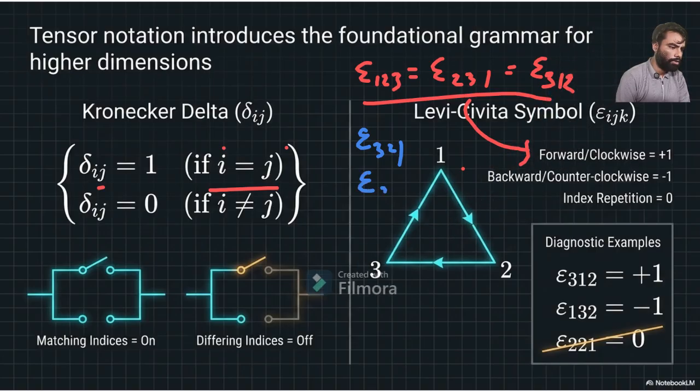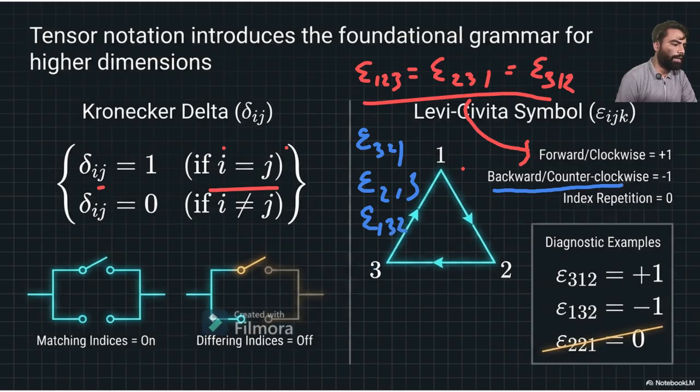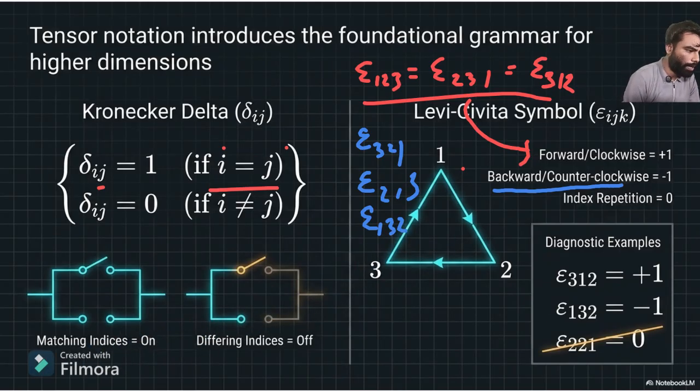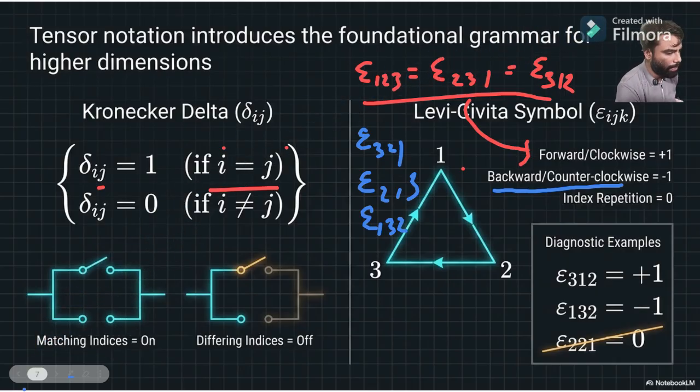Epsilon 2 1 3 is a backward cyclic, and epsilon 1 3 2 is also a backward cyclic. Every time you see epsilon backward cyclic, it will give you minus 1. Every time it is forward cyclic, it will give you plus 1, and every time it is backward cyclic, it will give you minus 1.